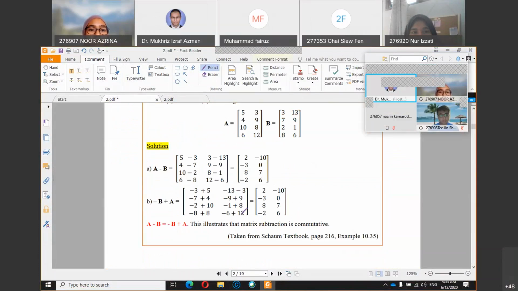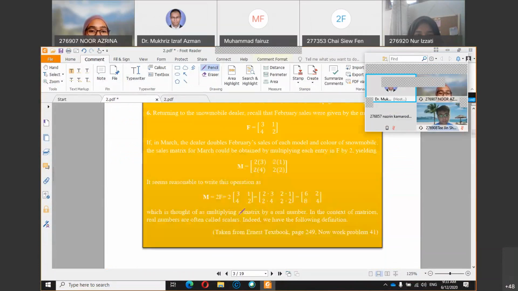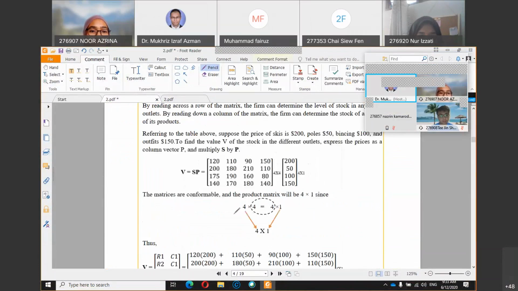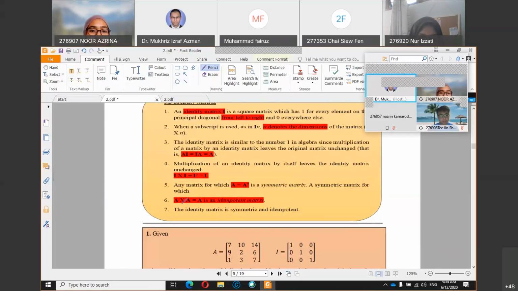For subtraction and addition, I think that is pretty straightforward, as I mentioned just now. So this is the identity matrix: you multiply by the same value by the matrix. And then you also have another rule, the idempotent matrix. You multiply both matrices the same, you still get the same answer.